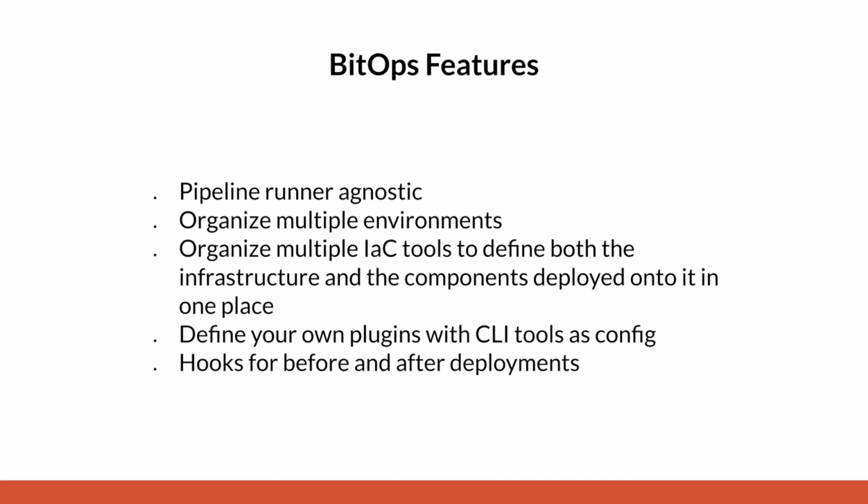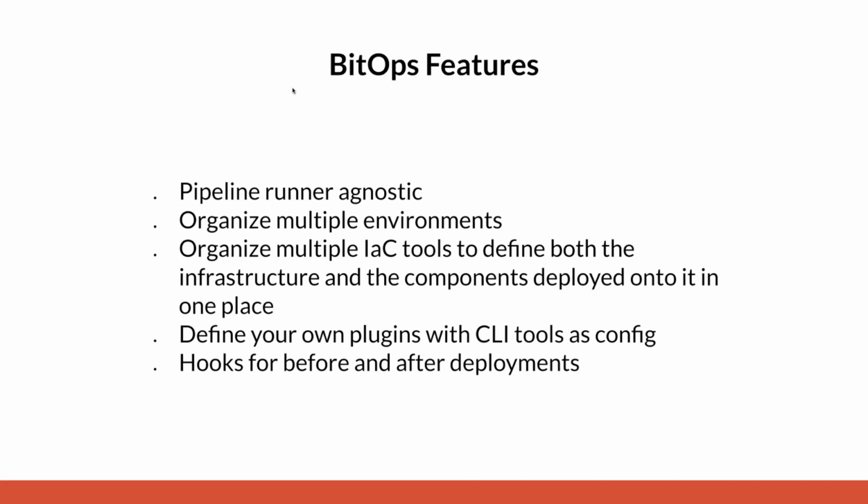So some of its features are, again, it's pipeline runner agnostic. You can organize multiple environments, any number of environments. It's highly flexible there. Organize multiple tools per environment, whether it's Terraform to define your infrastructure, or Ansible to populate a VM, or Helm to deploy to Kubernetes, or CloudFormation, and it's pretty flexible to be able to handle really any CLI tool, and that's really not an exaggeration.